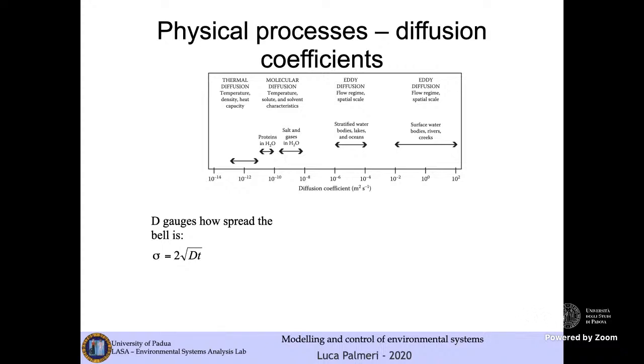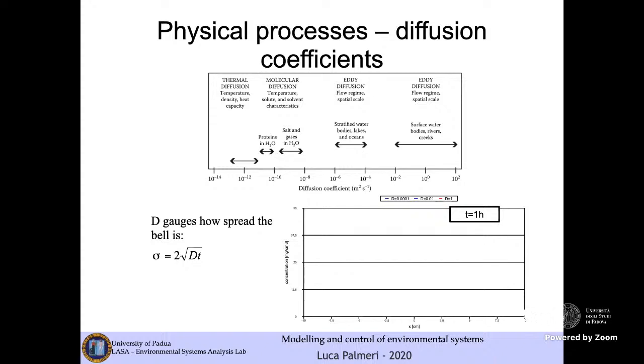In particular, the spread of the bell is equal to 2 multiplied by the square root of the diffusion coefficient multiplied by t. In particular, if we consider a t of 1 hour, and different values of the diffusion coefficient, what I am expecting to find is a progressive smoothing of the gradient.